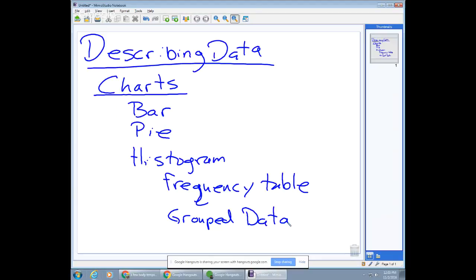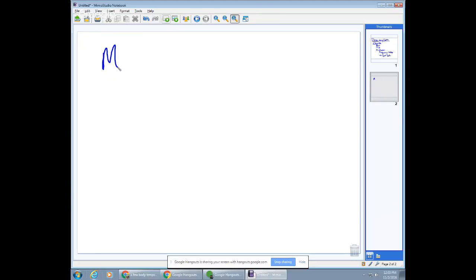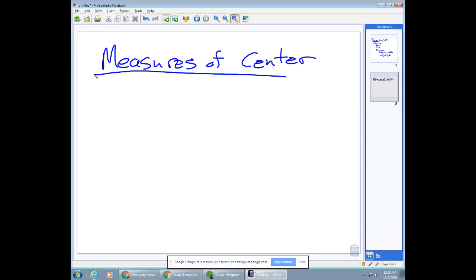Other things we took a look at were measures of center. The main two being average, and here, average means arithmetic mean.